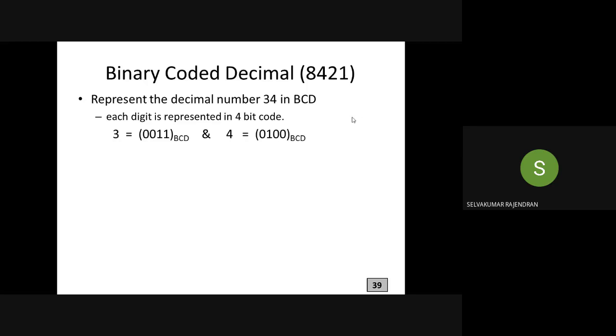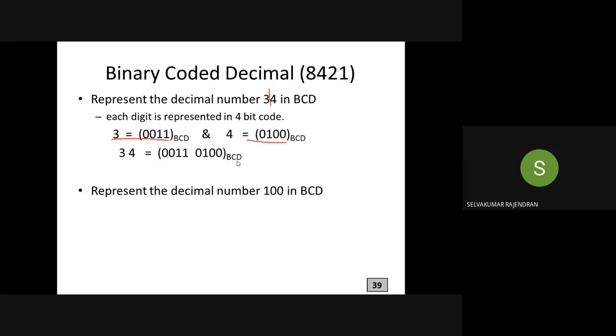So here we have the decimal number 34, with digits 3 and 4. 3 can be represented as 0011, and 4 can be represented as 0100. By combining these two, you get the BCD value for the decimal number 34. So 34 is equal to 0011 0100. In the subscript we should denote BCD.